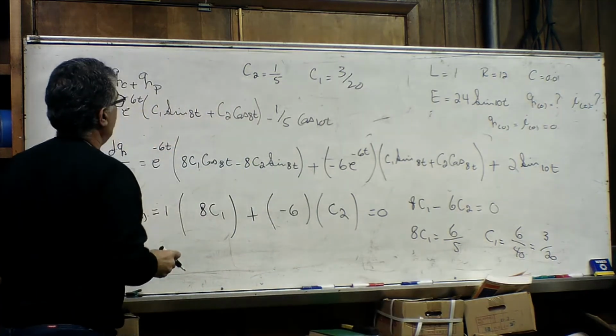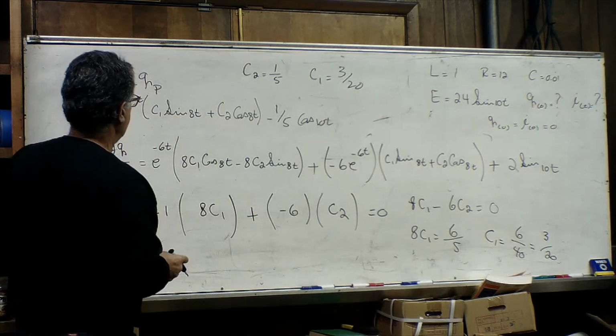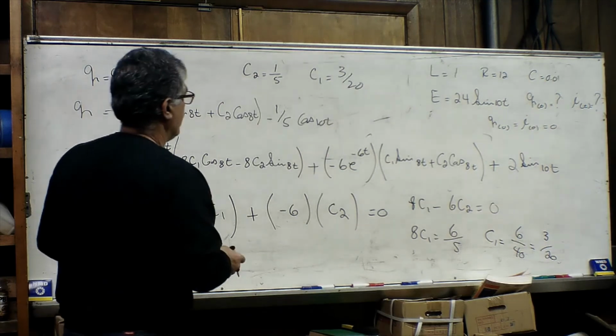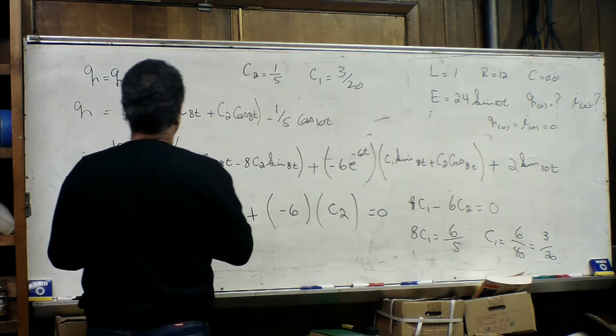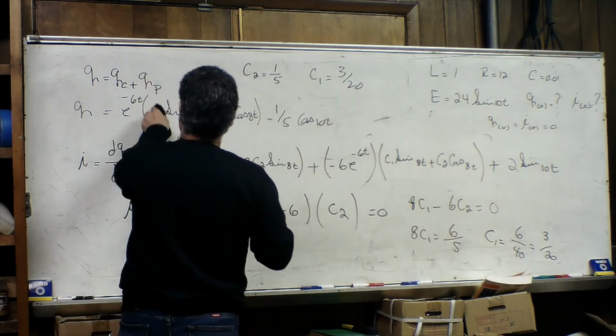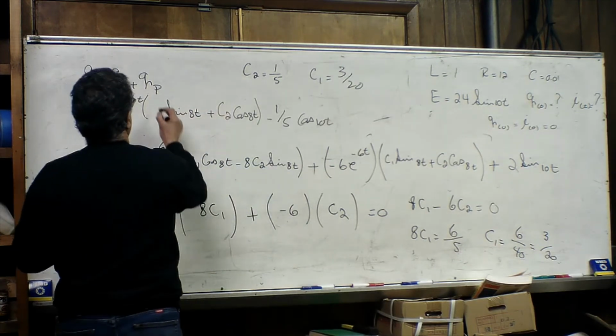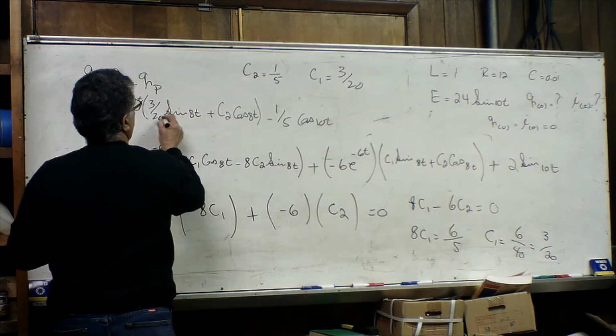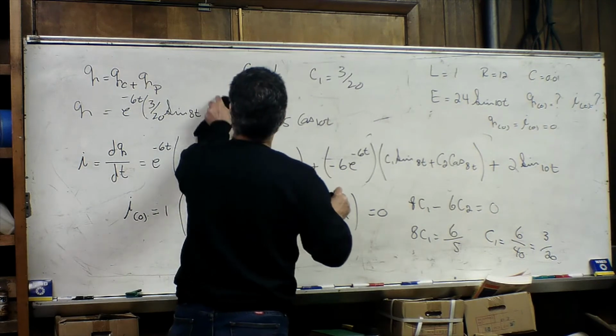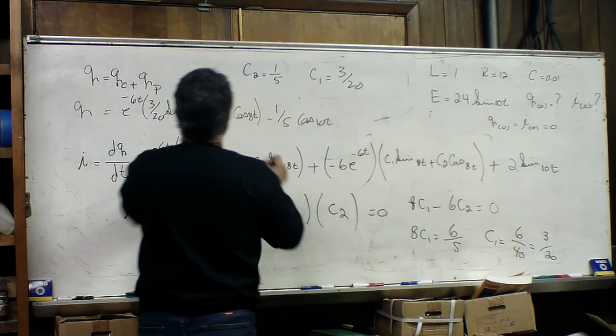So if we plug those values here, our C1 will be 3 over 20, and our C2 will be 1 over 5.